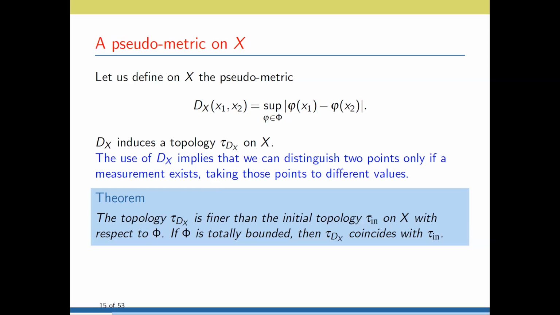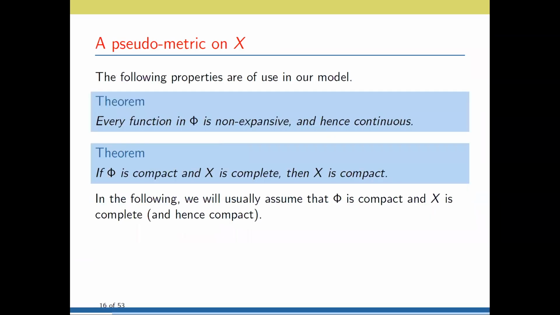So any function in capital Phi becomes continuous, since we have a theorem: every function in capital Phi is non-expansive with respect to our pseudometric, and thence is continuous. Maybe the function is not continuous with respect to the Euclidean distance, but it is indeed continuous with respect to our topology.